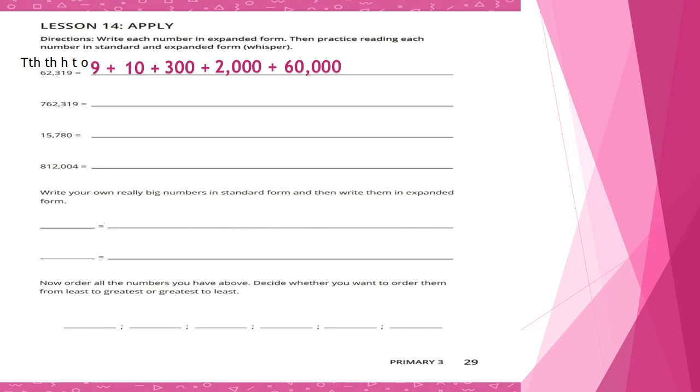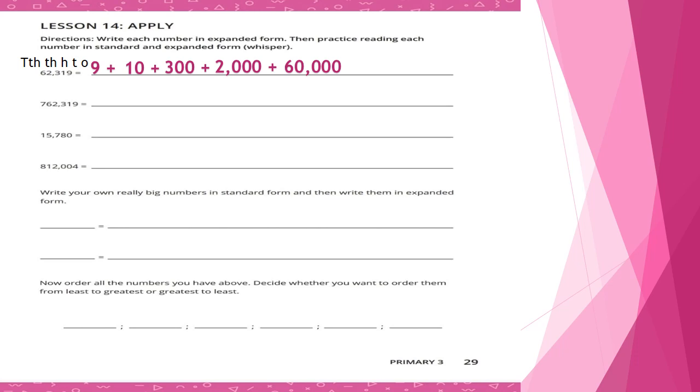The next number, let's read together. 762,319. First, we put the place as we have in the previous number.